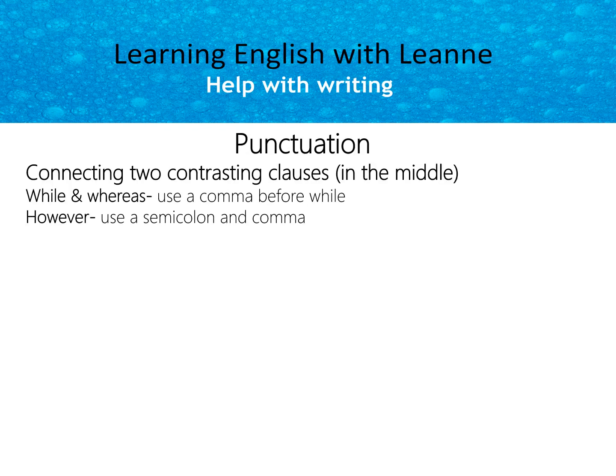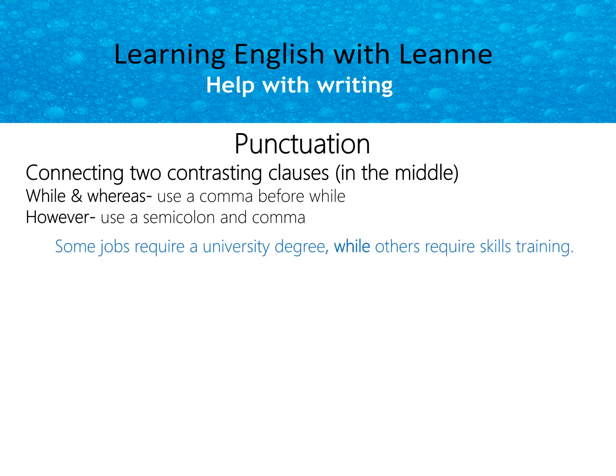Punctuation can be difficult in English, so let's just review how to use punctuation with these words. So when we're connecting two contrasting clauses, so we're using these words in the middle of our sentences, we have to use while and whereas. We use a comma before our connection. For example, here you can see we've used one idea.